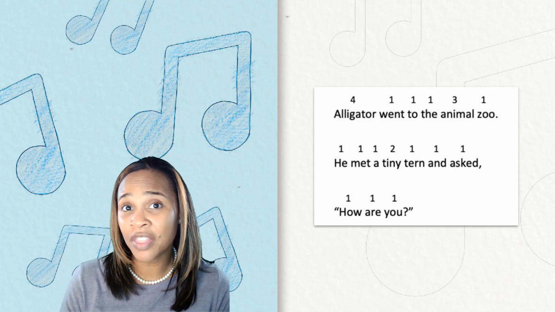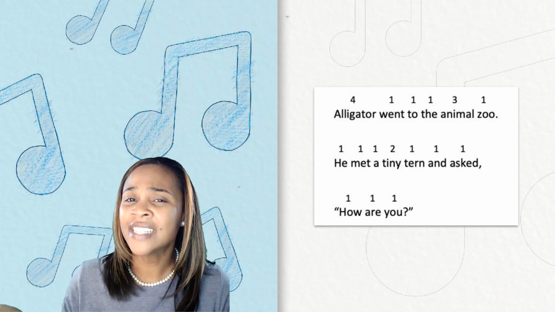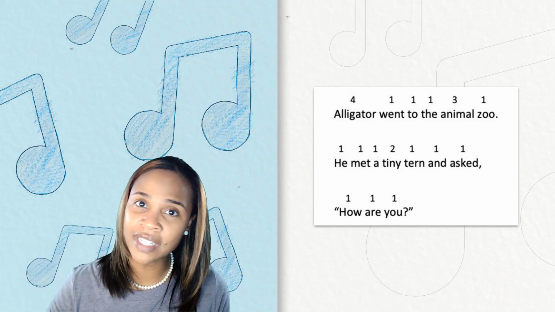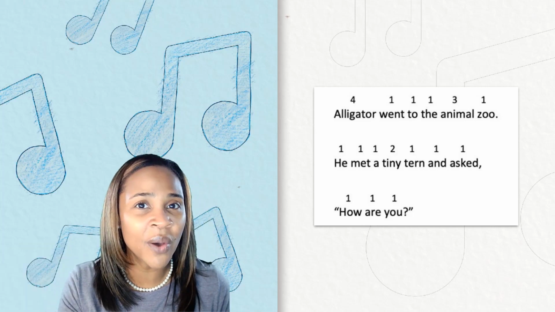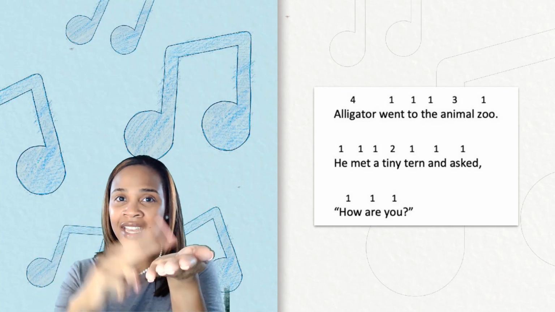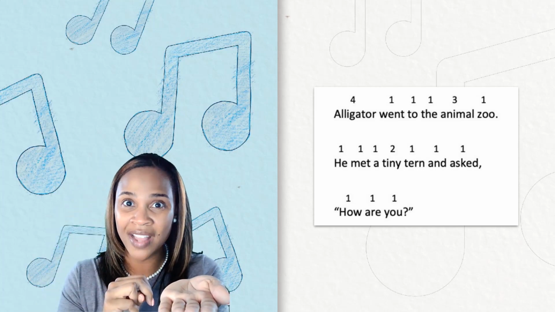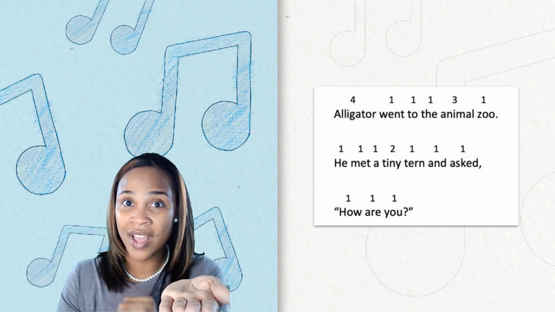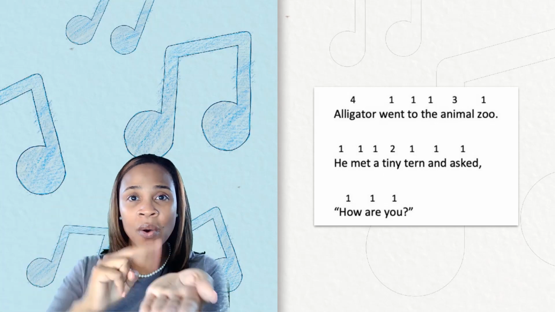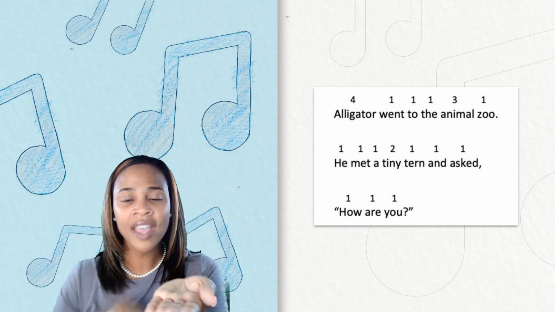Now let's see if we've done the beats correctly. I put a number on top of each word so we can check and see if we have the right number of beats. Let's do it together. Ready? We're going to go through our poem one more time. Alligator 4, went 1, to 1, the 1, animal 3, zoo 1.